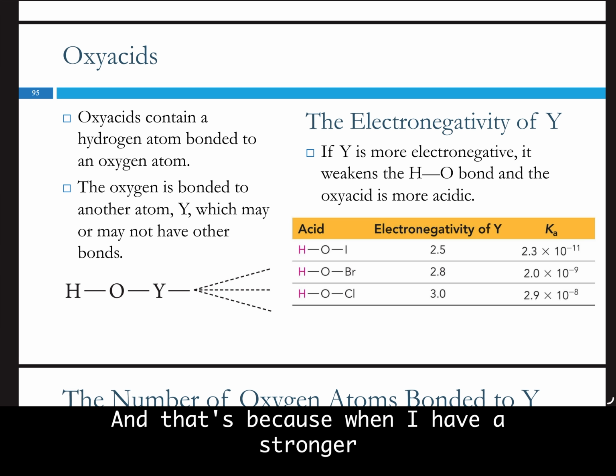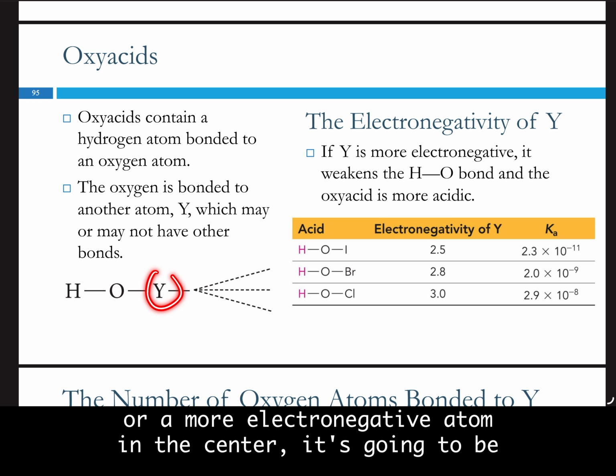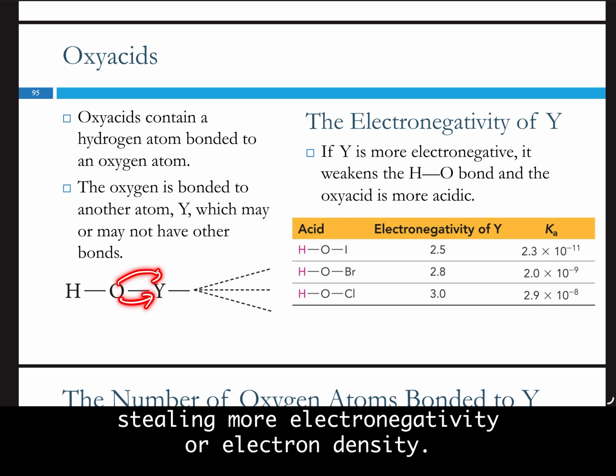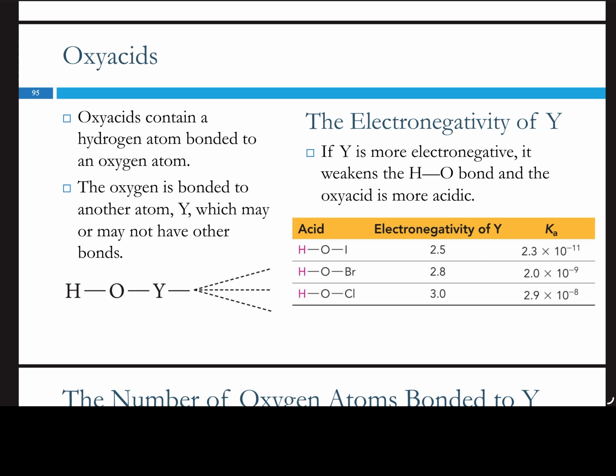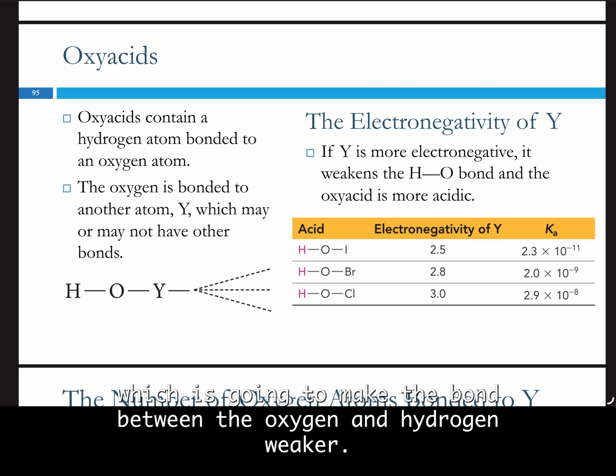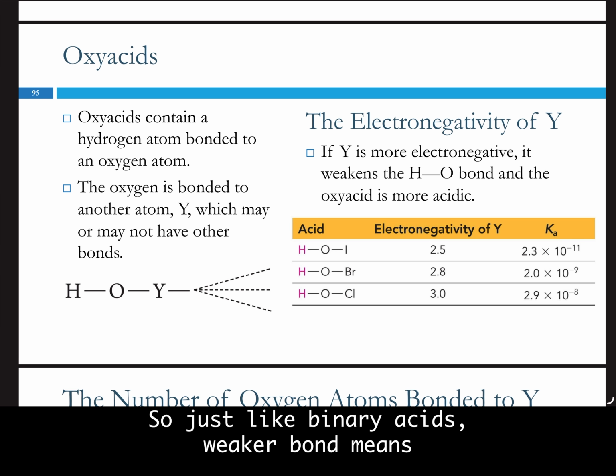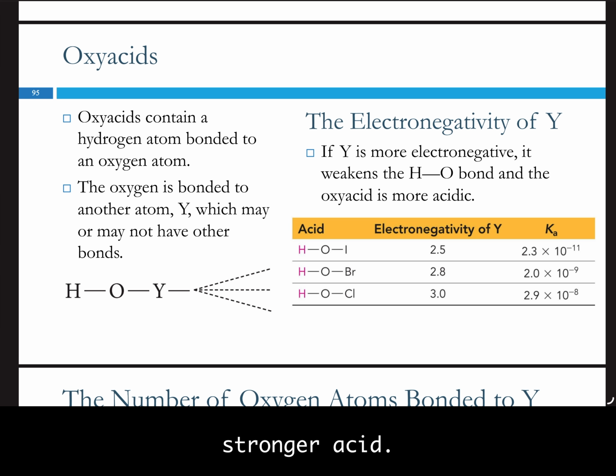And that's because when I have a more electronegative atom in the center, it's going to be stealing more electron density from the oxygen, which is going to make the bond between the oxygen and the hydrogen weaker. So just like binary acids, weaker bond means stronger acid.